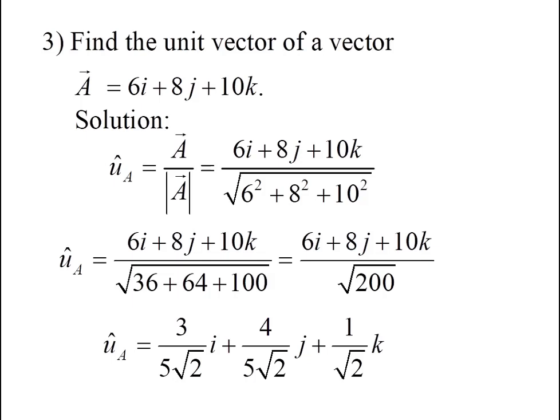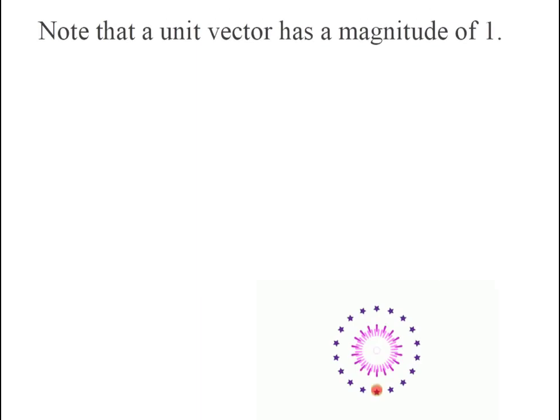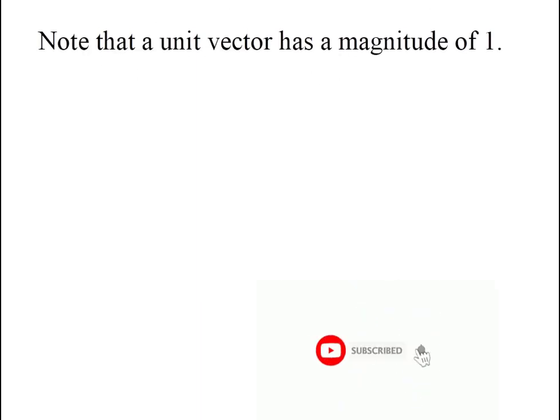Sometimes if it can be simplified further, we have to simplify it, but otherwise this is the direct procedure we have to follow in order to find the unit vector of any given vector. Note that a unit vector has a magnitude of 1.